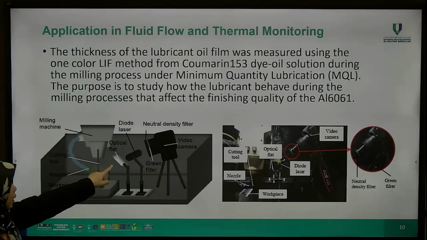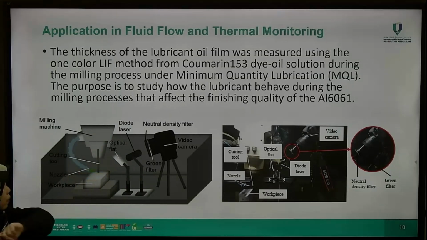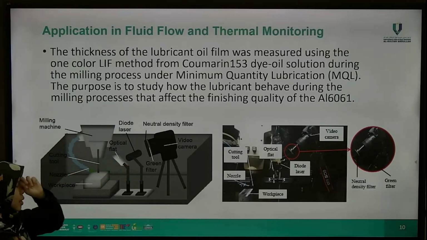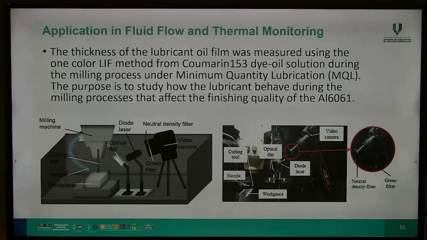So we need the optical flat because we use it for the calibration method. Later on I will show you in the next slide. And we also need a green filter. This green filter is used to gather maximum intensity of the fluorescence light emitted by the lubricant. Then we record the image by video camera, and we process it into images and get the intensity of the fluorescence light.